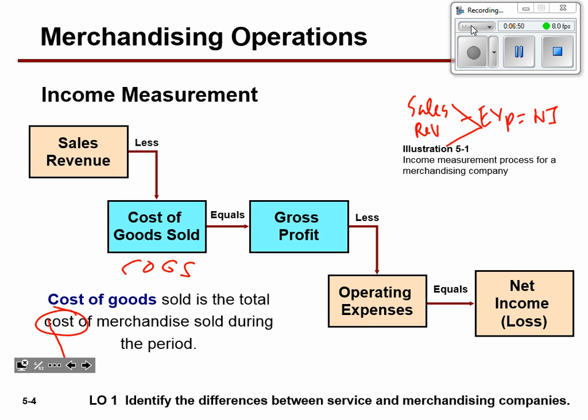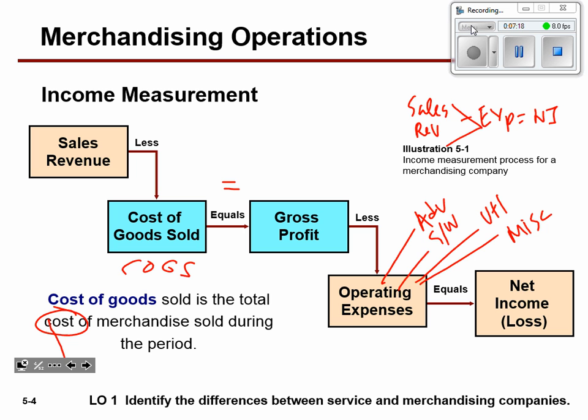That is going to equal what's called a gross profit. So you stop and say, okay, based on what we sold minus COGS, that's our gross profit. But then we have all these expenses like advertising, salaries and wages expense. We have utility expense. We have miscellaneous expense. The list goes on and on.